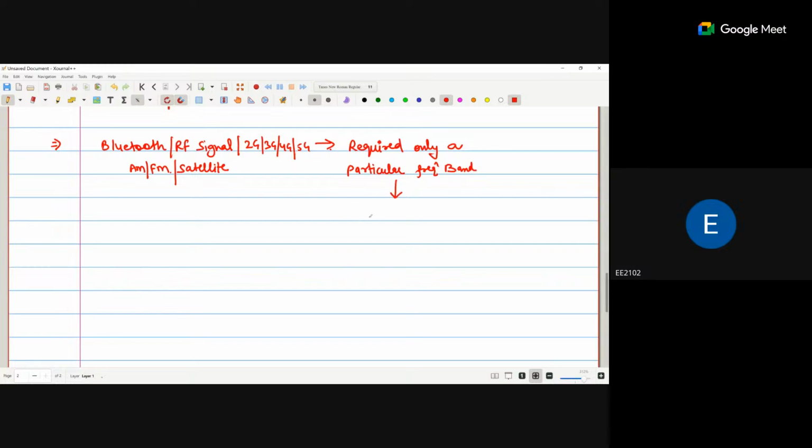We have to pass it through a system that will pass the desired frequency and stop the remaining frequency. That system is called the filter.